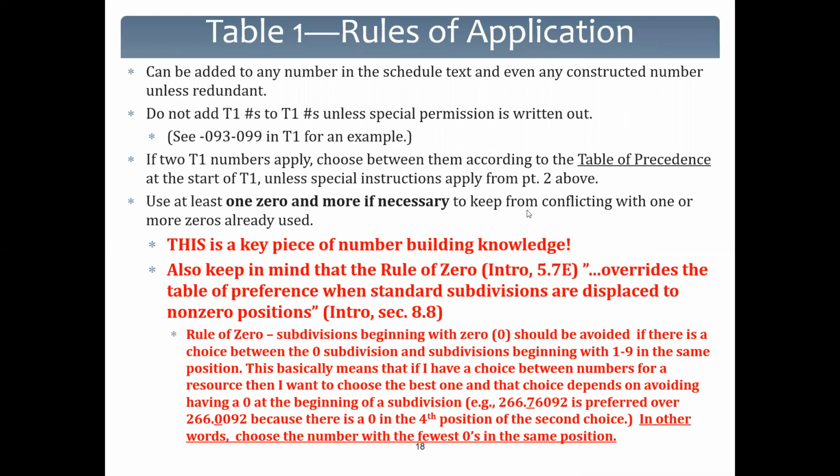For most of the exercises in this class, you're not going to have to add in a bunch of zeros to keep them from conflicting with another 0, but it is important to know that you can add those zeros in if needed to keep from conflicting with another usage. So as you are building your notations, also check to make sure you're not creating a duplicate or a conflict.